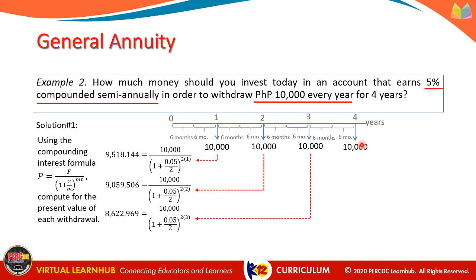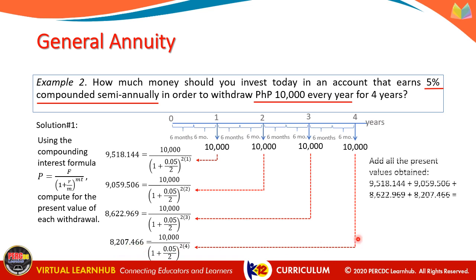And then this 10,000 pesos at the end of fourth year has a present value equal to 10,000 over 1 plus 0.05 over 2 raised to 2 times 4. It's done at the end of fourth year. This is equal to 8,207.466.